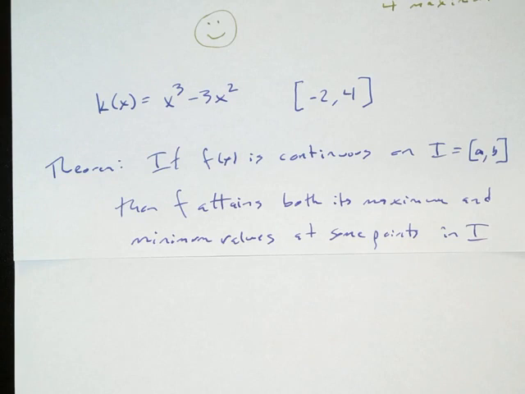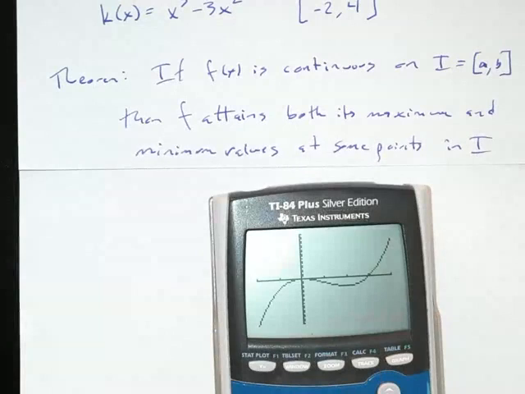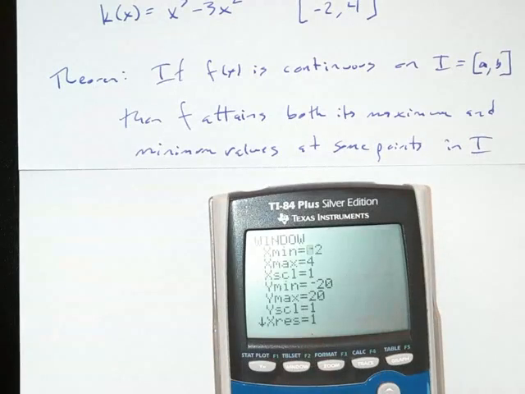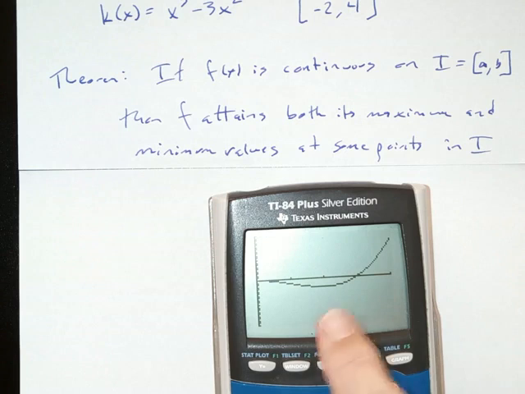What if I changed this picture and said instead of going from -2 to 4, we're only going from 0 to 4? Well, then my minimum value changes substantially, doesn't it? The minimum value is now -4 because we found that point that was the bottom here earlier.